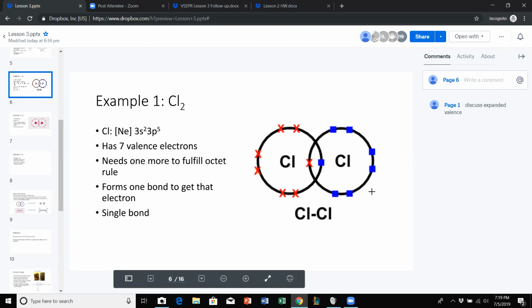I'll pull this up, so if you need help, you can look at this diagram.